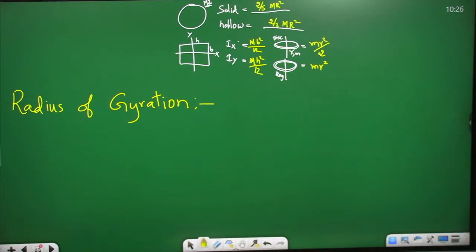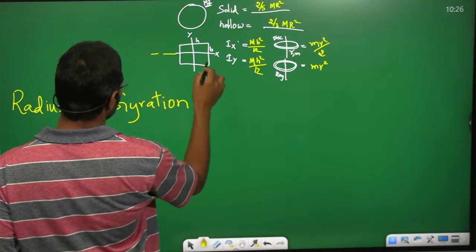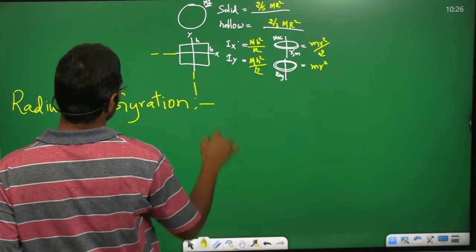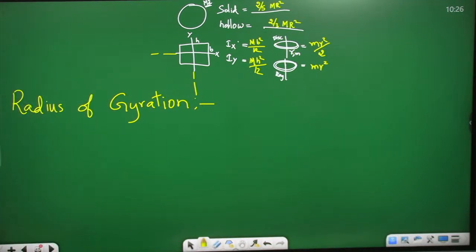Okay, Mr. Ramkishore, you are right. Ix and Iy. See, Ix is nothing but the axis parallel to H, and Iy is the axis that is parallel to Y.